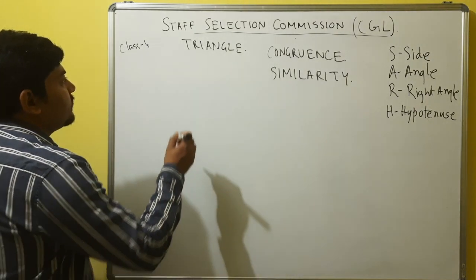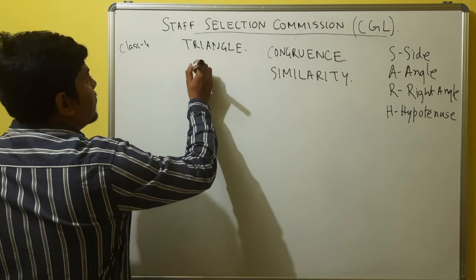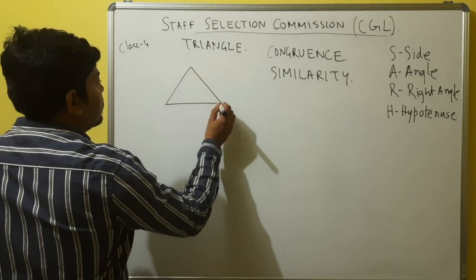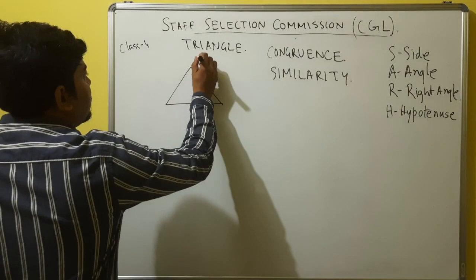Okay, let's jump directly into today's topic, that is, what a triangle is. So if this is a triangle, what is the definition of a triangle?